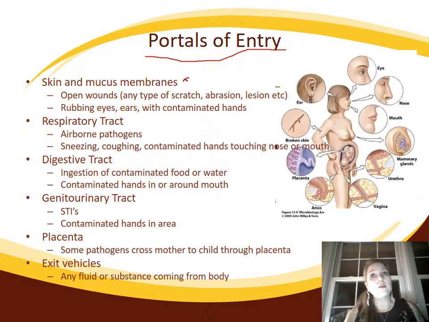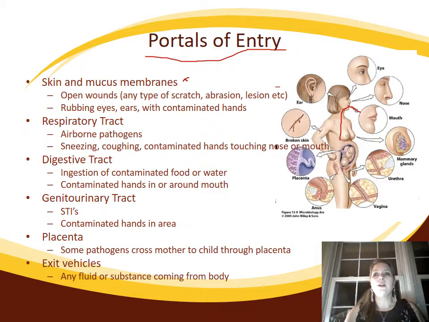We talked a lot about droplet sprays, sneezing, coughing, contaminated hands and nose and mouth. You can get them through your digestive tract, so ingesting things and swallowing contaminated food or water, getting into your tummy, all kinds of nastiness. Genitourinary tract, so we're talking about STIs, contaminated hands in that particular area.